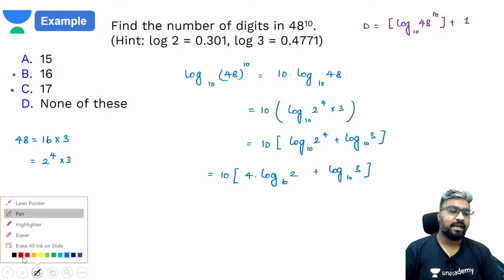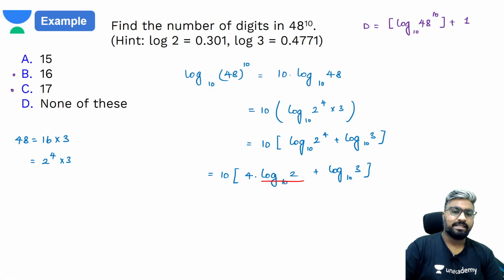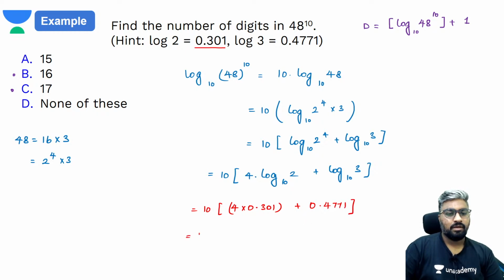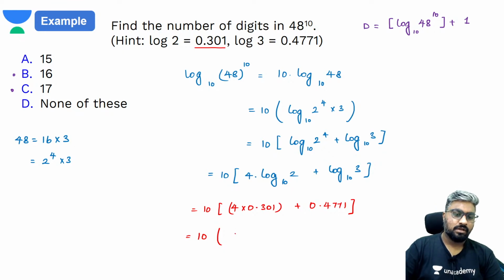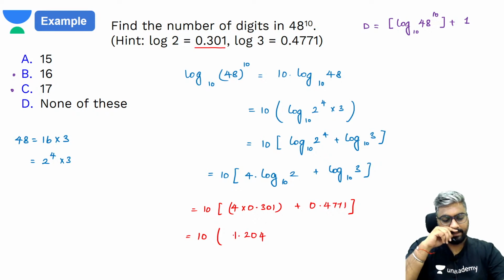Now we know the values. What is the value of log 2 base 10? If you don't know it, they've given us a hint, 0.301. So it will be 10 into 4 times 0.301 plus log 3 base 10, which is 0.4771. You get 10 into 4 times 0.301, which is 1.204, correct? Make sense guys?